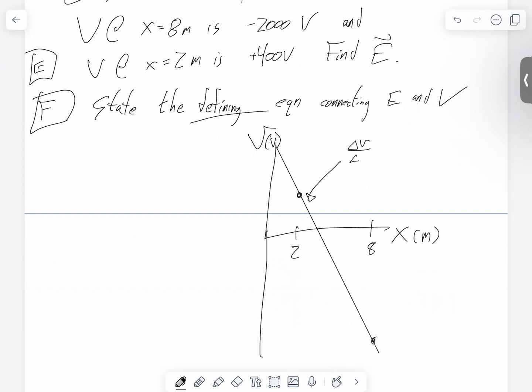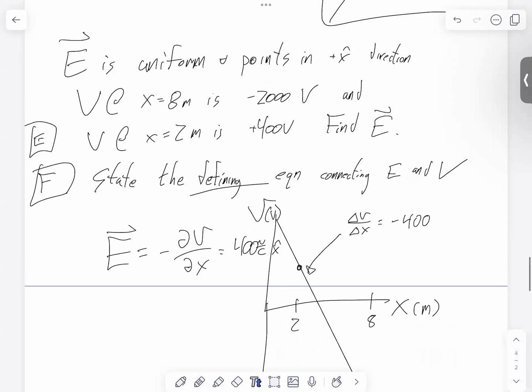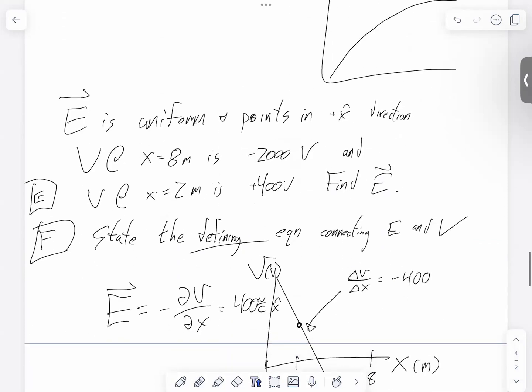Delta V over delta X, negative 400. I can multiply. And then more importantly, electric field's constitutive relationship is negative derivative of voltage. So negative negative is positive 400 newtons per coulomb in the positive x-hat direction. Read the problem statement, hint, hint, hint, points in the positive x-hat direction.